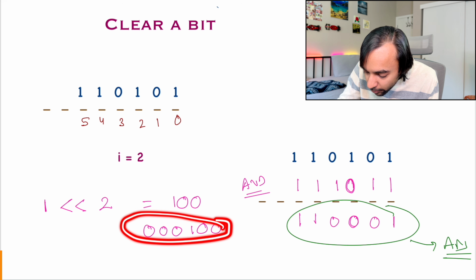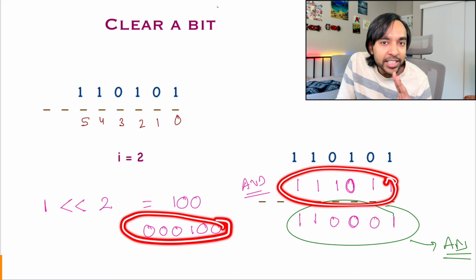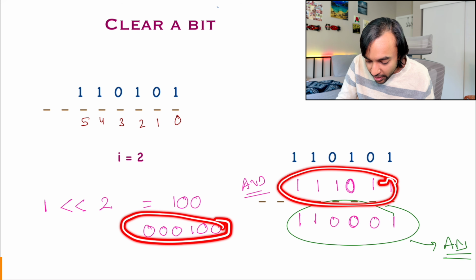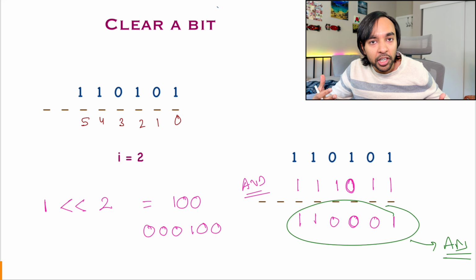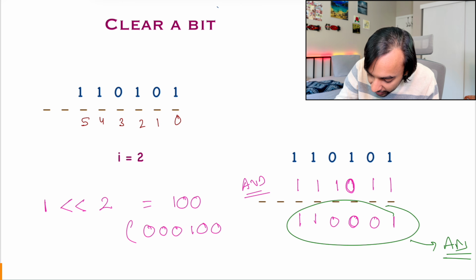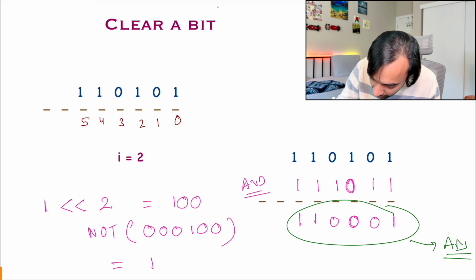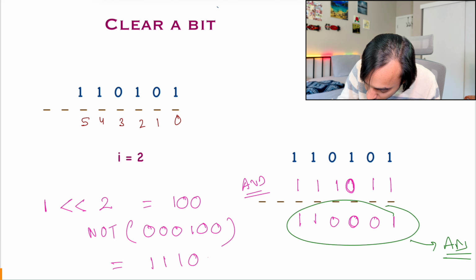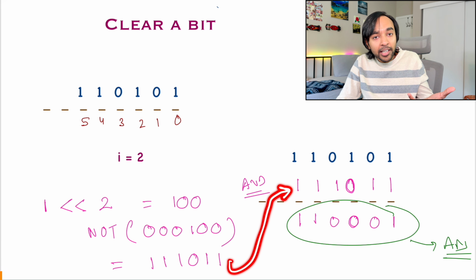Now, if you think about both of these, what do you see? Both of these are complements of each other, right? If you take this number and then do a NOT on it, then what will it become? I take this entire thing and do a NOT on this. This will give me 1, 1, 0, 1, 1. And that is exactly what I needed over here, right?